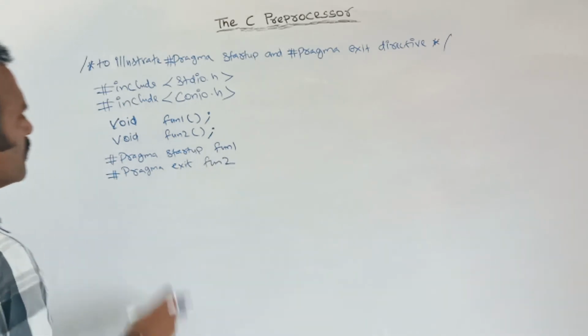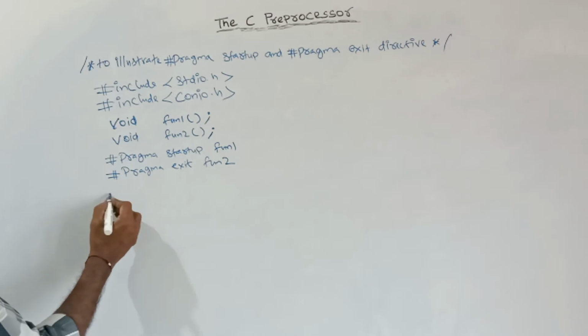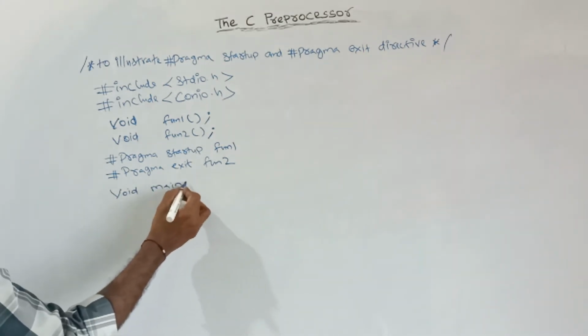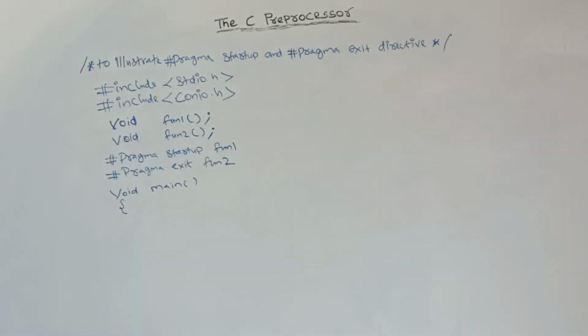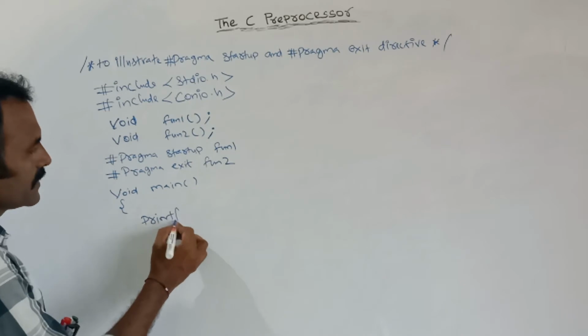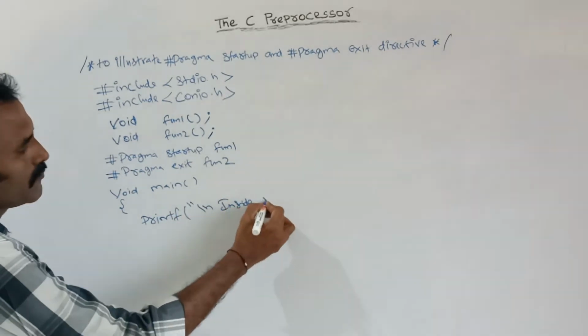So before terminating, fun2 will be executed. Here I am giving the main function. Inside the function I am telling it to print the message, that is printf, here inside main function.